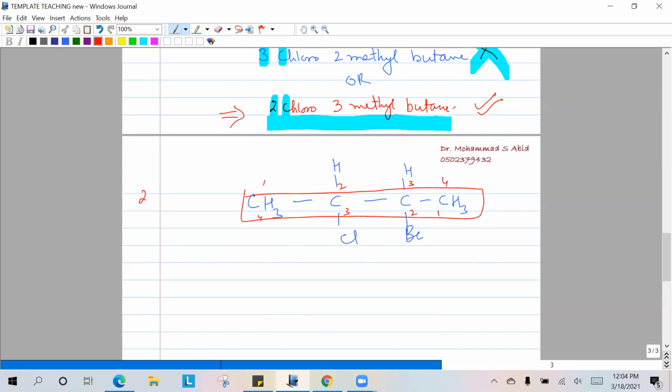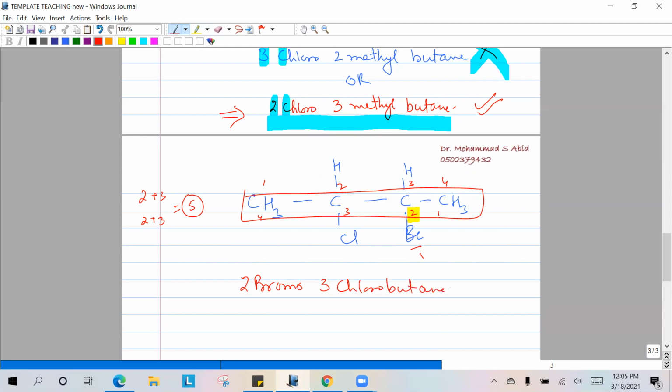In both cases, 2 plus 3 is equal to 5. But this is bromo. Alphabetically, it comes first. So it is better to give this a lower number. So in this case, you will write it as 2 bromo, 3 chloro, butane.